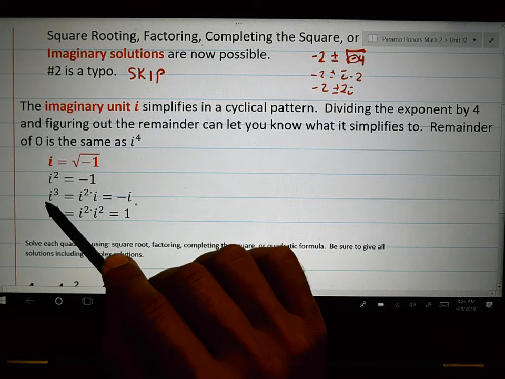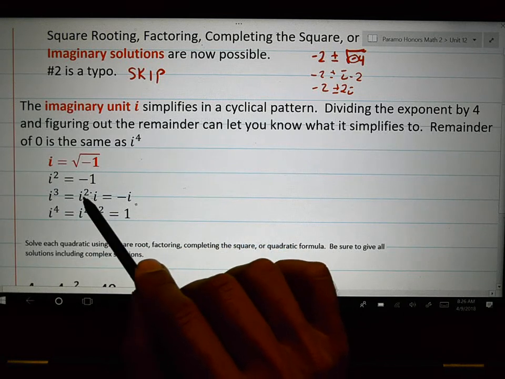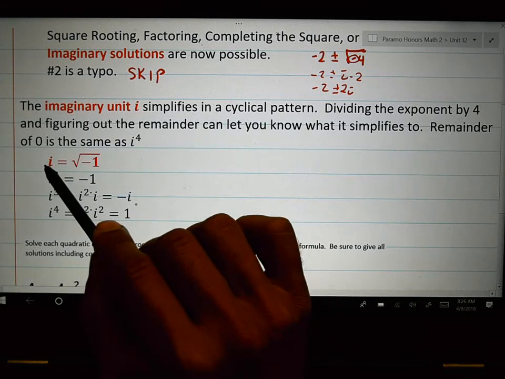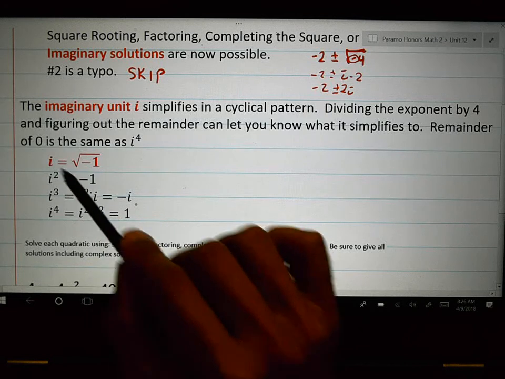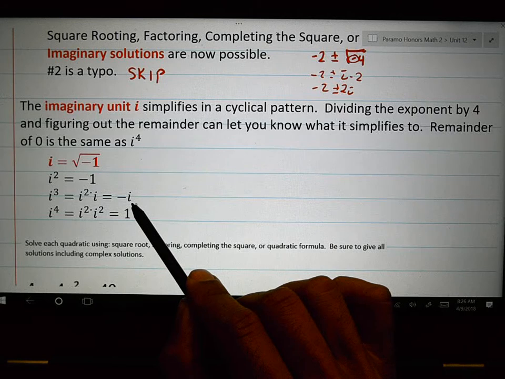But if you had i to the third, that would be i squared times i, because you would add the exponents, and i squared is negative 1, and i is the square root of negative 1. So that would simplify to negative i.